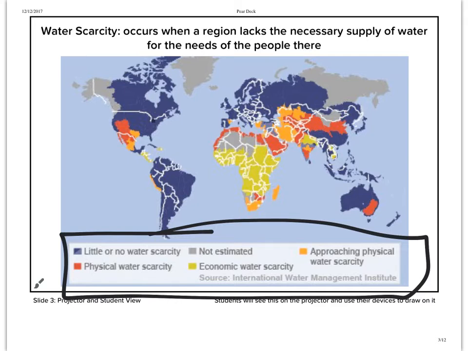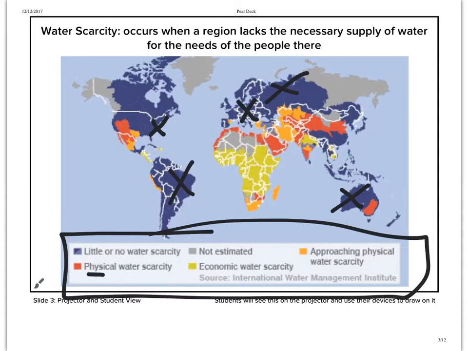So for instance, if we look where Delaware is, I just drew a giant X over basically the whole east coast of the United States. So that's where we live. So you see that it's purple. So our region, we really don't experience widespread water scarcity. We have enough water to meet the needs of our people. Same with Europe, same with most of South America, and same with a good chunk of Australia and Russia.